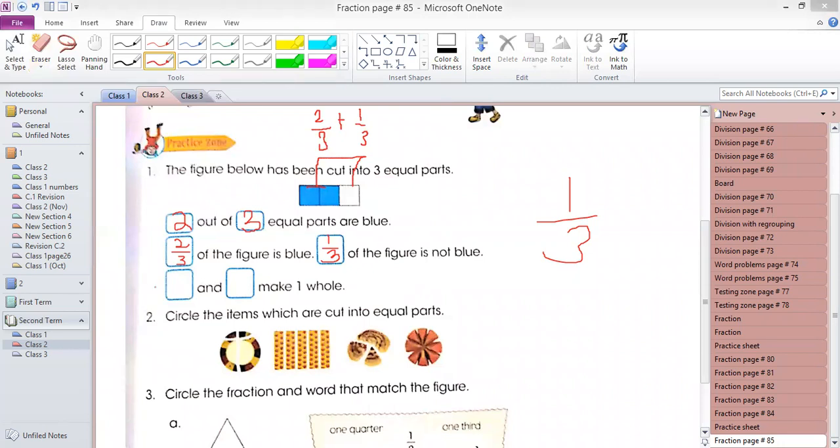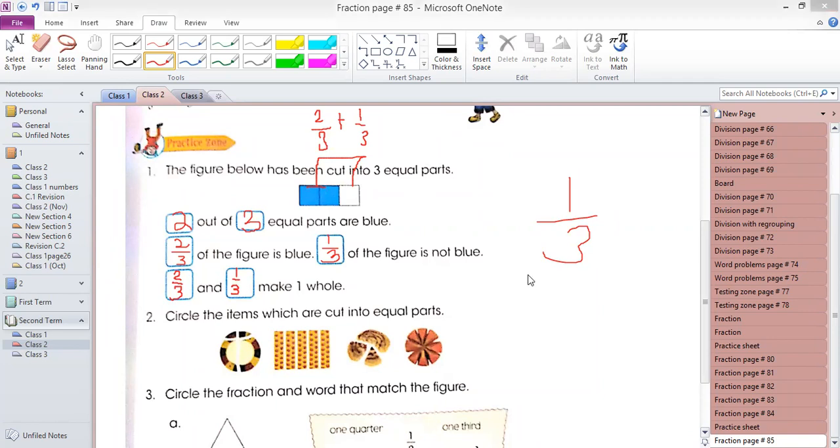That's very good. So we will write here that 2/3, the fraction which is blue, and 1/3, the fraction which is not blue, will make one whole. So this is the answer.